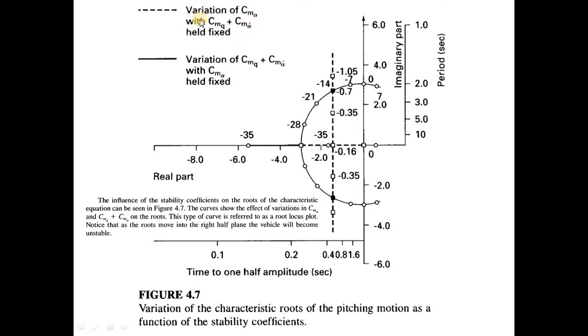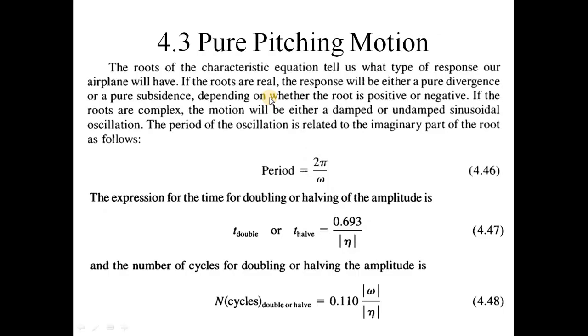If you vary your Cm alpha, but Cmq plus Cm alpha dot is fixed, it will behave like this. This is like a root locus. So you have to study this, to look at the impact on the period and also the time to half amplitude of all these values.